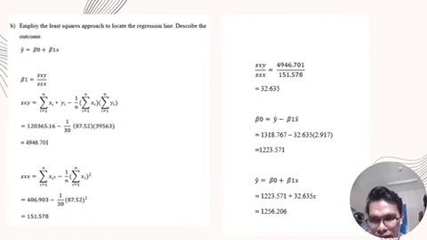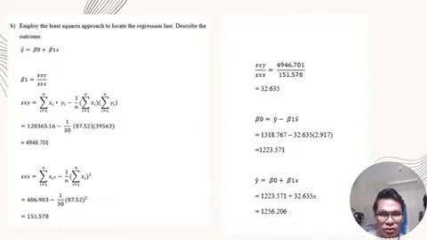Okay, SSX is equal to total x squared minus 1 divided by n, multiplied by total x to the power of 2. So the value for SSX is 151.578. Okay, for the value of the slope of the line, the formula is SSY divided by SSX.